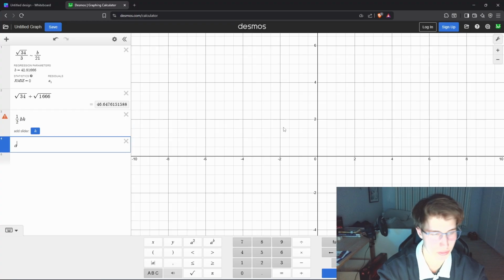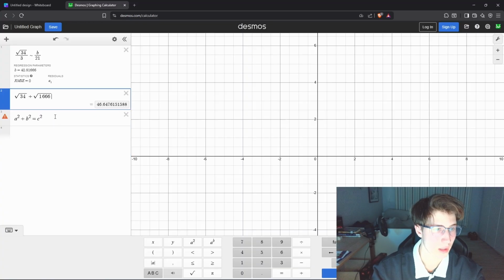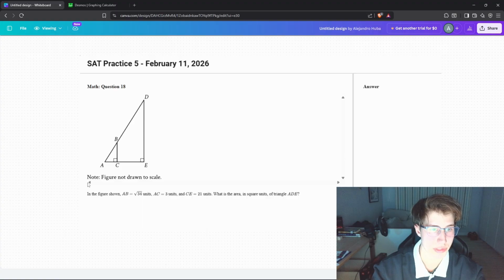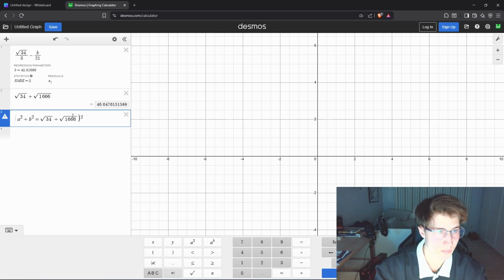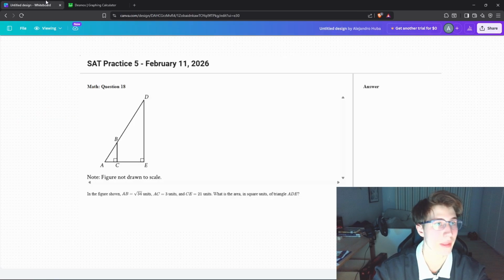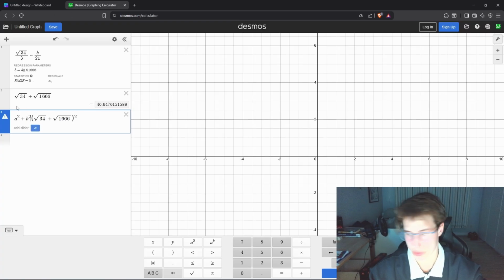So we can use Pythagorean theorem. So A squared plus B squared equals C squared. And we can say, okay, so we know our C squared is this number right here. So we can put that in. And we can use a regression symbol.